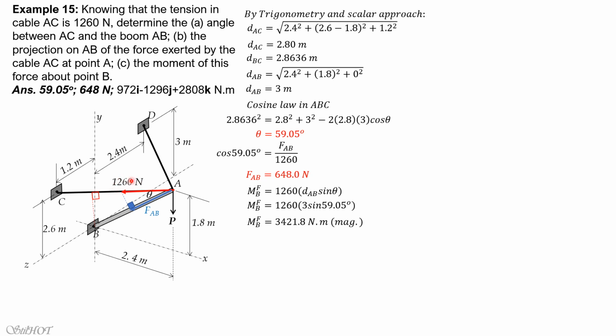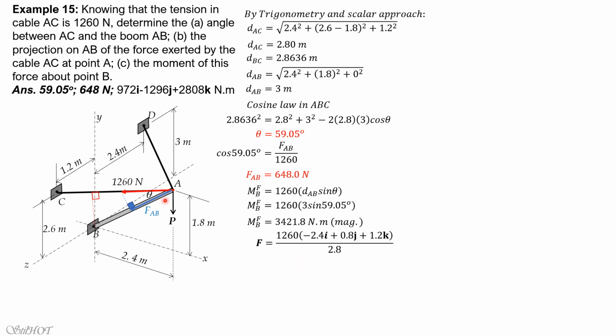But we want to compute the components. So let's resolve the 1,260 newton force into its components to compute the components of the moments about point B, so that we can write the result in vector form.